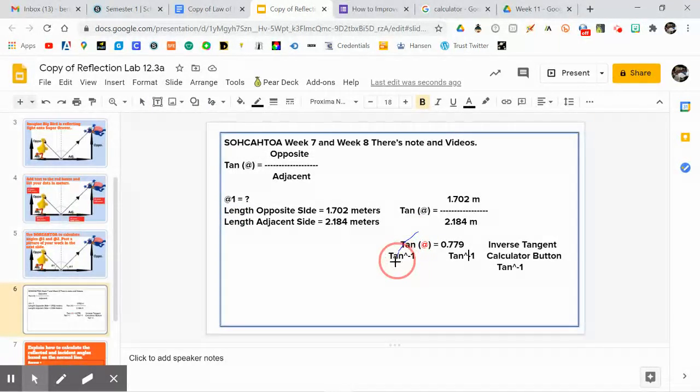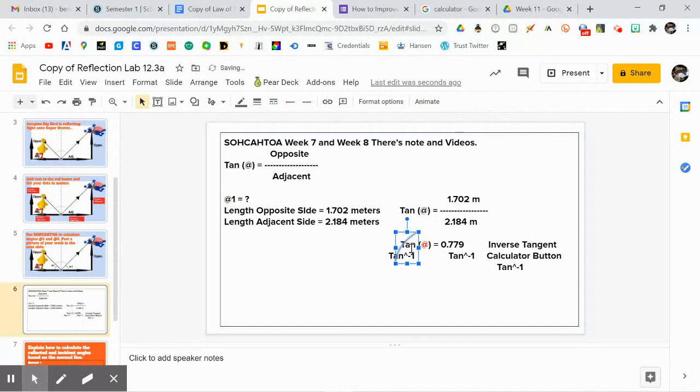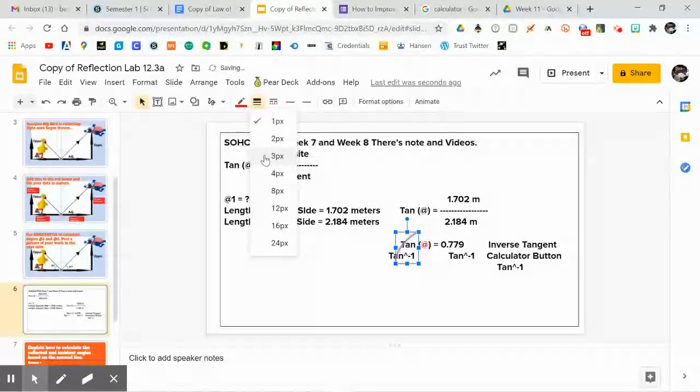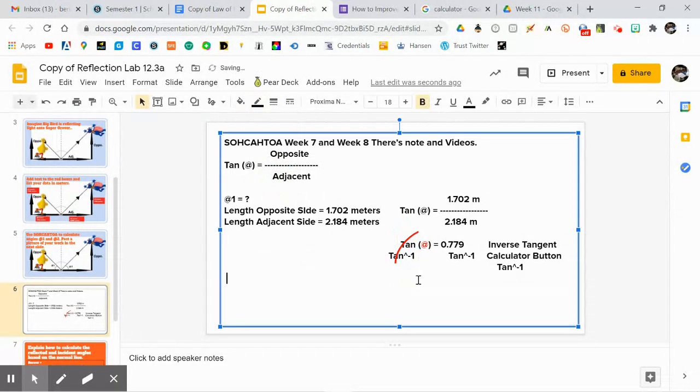They cross out. They cancel each other out. And so what we are left with, everybody, is at, which is our angle.